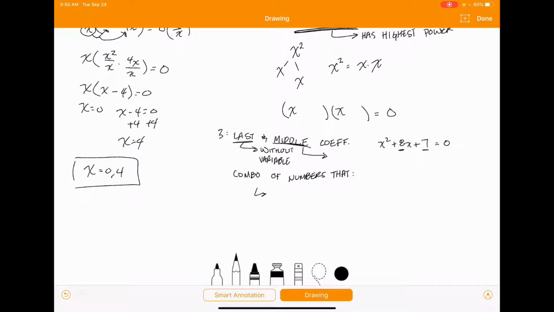The combinations of two numbers need to multiply together to equal the last term coefficient.